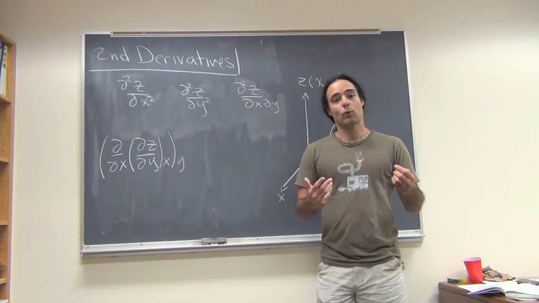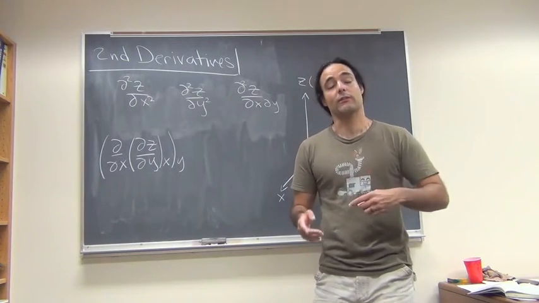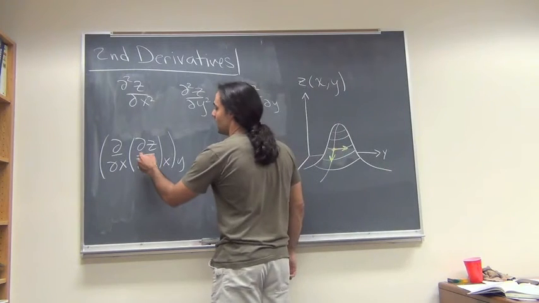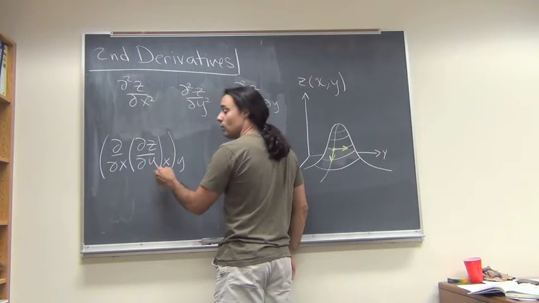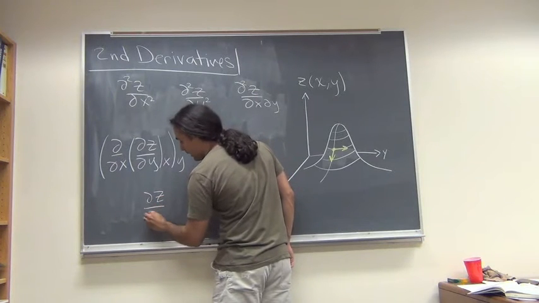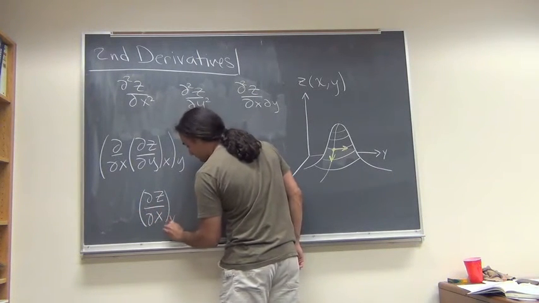Now you might wonder whether or not this depends on the order that I take the derivatives. So let's say I do it in reverse order. So instead of taking dz dy holding x constant, suppose I took the partial of z with respect to x holding y constant.